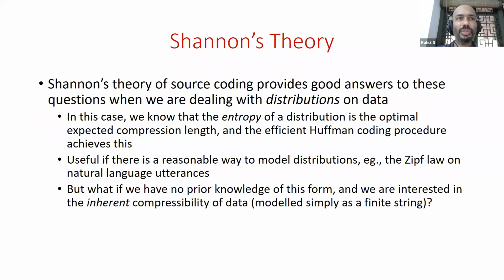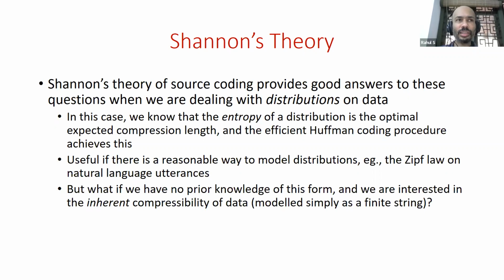So say you have some distribution of symbols and you know that you're receiving several symbols, and you want to compress the sequence of symbols that you're receiving. By how much can you compress on average? This is something that Shannon's theory provides a very good answer for. We know that the entropy of the distribution on your data is the optimal expected compression length. This is a standard result. And there is an efficient compression procedure, Huffman coding, which achieves this.